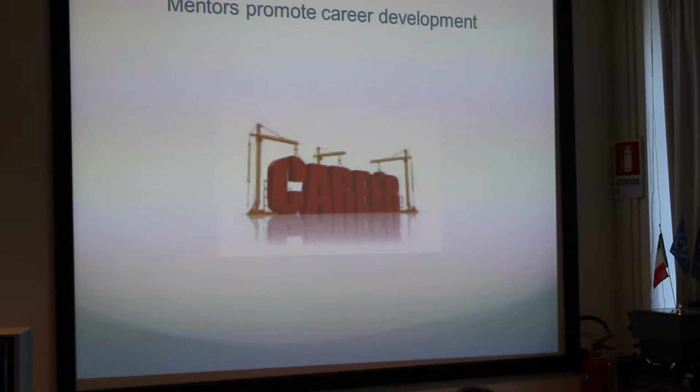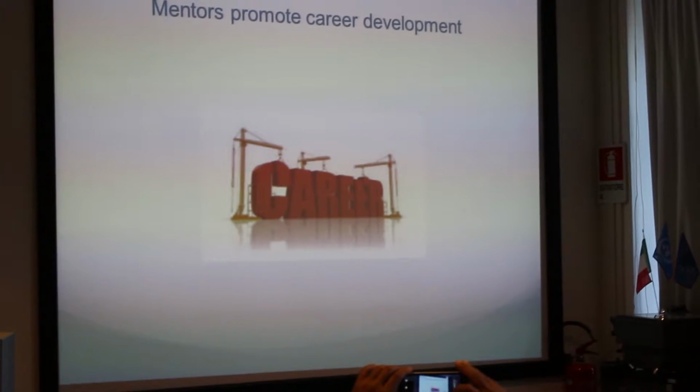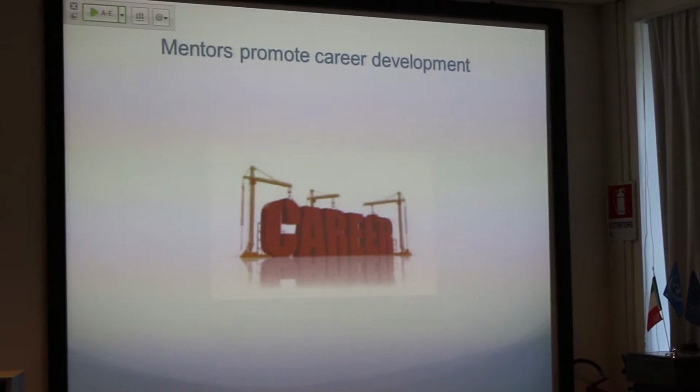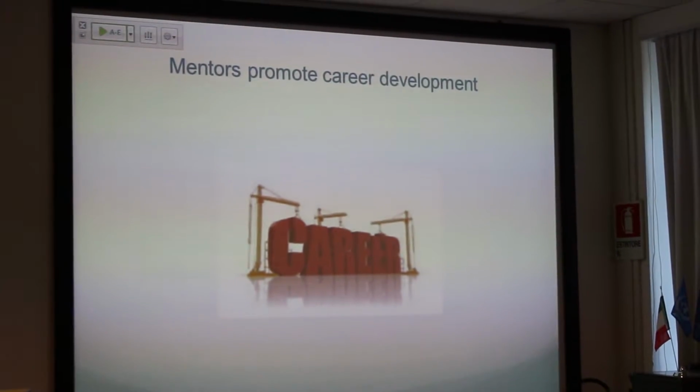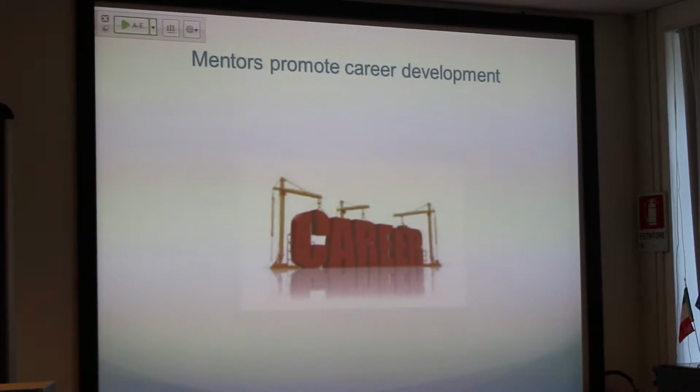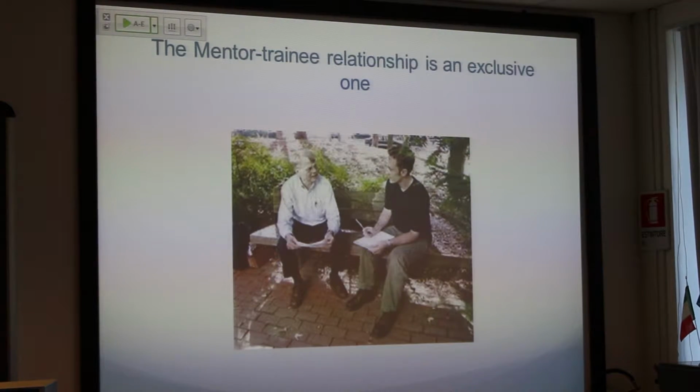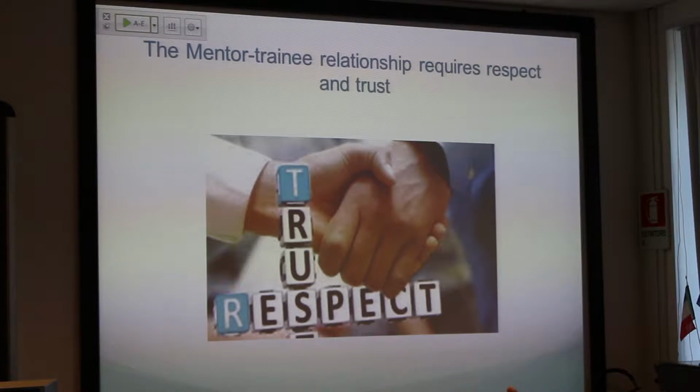And finally, after getting his degree, a mentor should help the student in selecting or pursuing a specific career by maybe helping him to select whether to go to academia or industry and so on. And the mentor-trainee relationship should be an exclusive one. And of course, any relationship in life requires respect and trust, especially the mentor-trainee relationship.